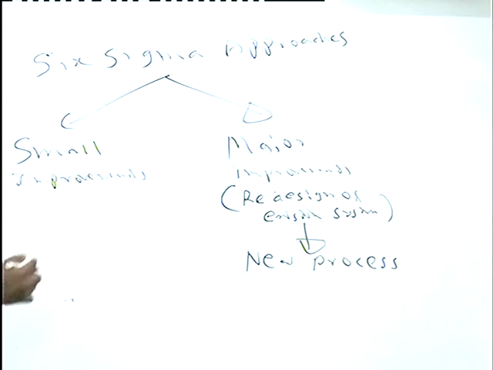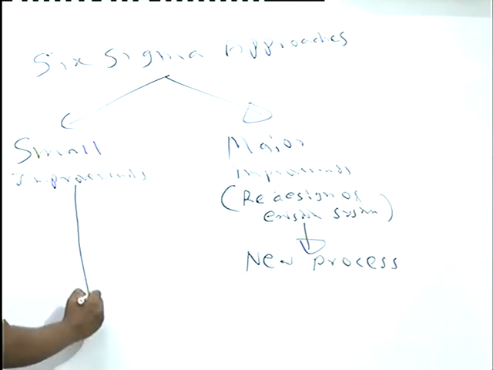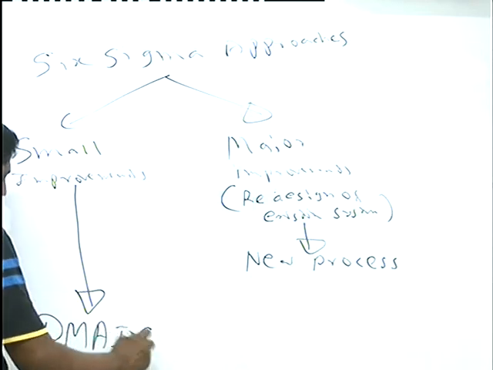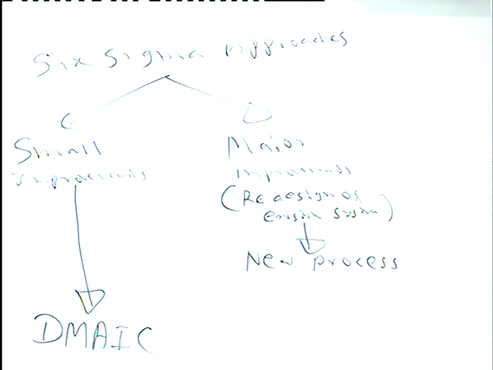Here, when you are trying to do a small improvement, we have to use the 5-step process, which we call DMAIC in short term.